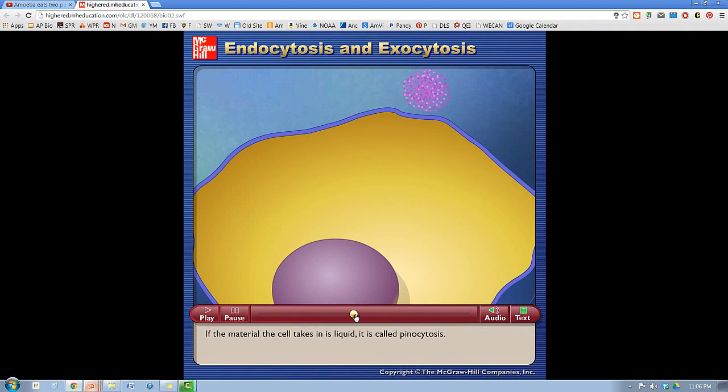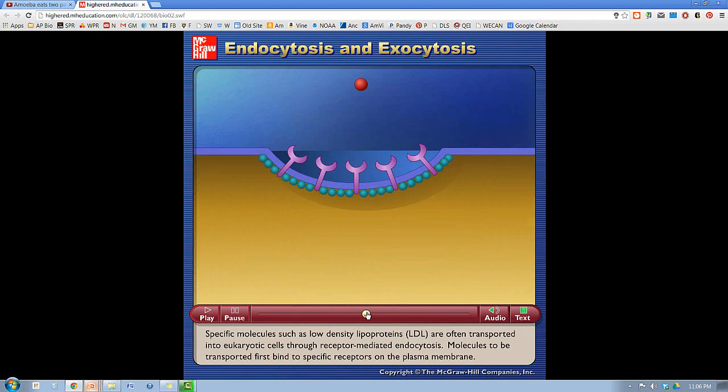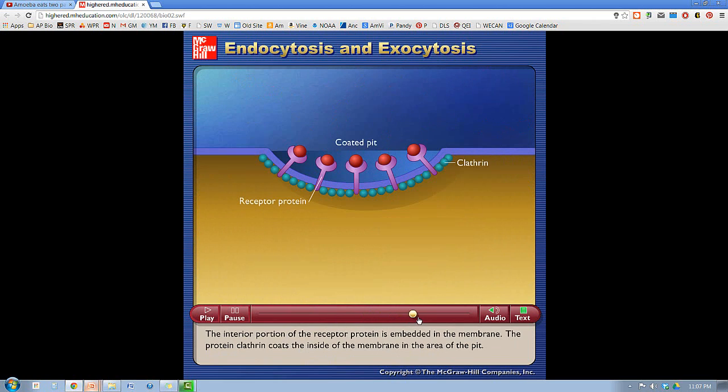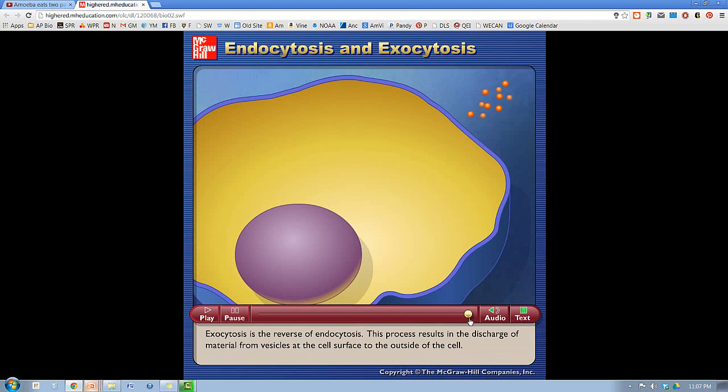Pushes in, pinches off, enters the cell. This is what's happening at the cell membrane level. You don't need to worry about that. And basically, at the end here, we have exocytosis, where we're sending something out by merging it with the cell membrane, and then it gets kicked out of the cell. I could play this in reverse, and it looks like endocytosis, exocytosis.